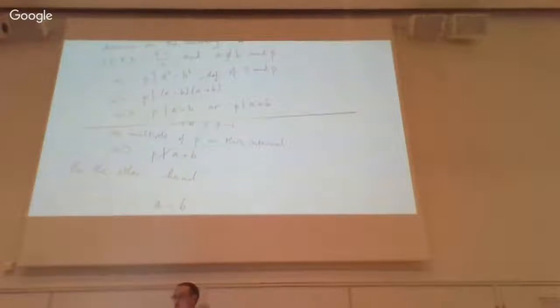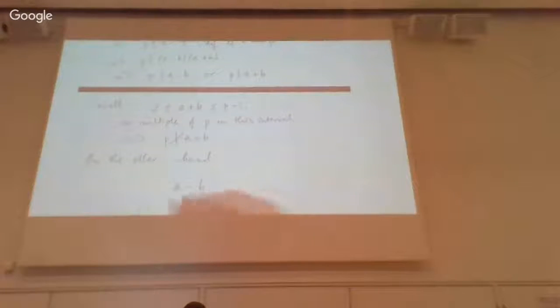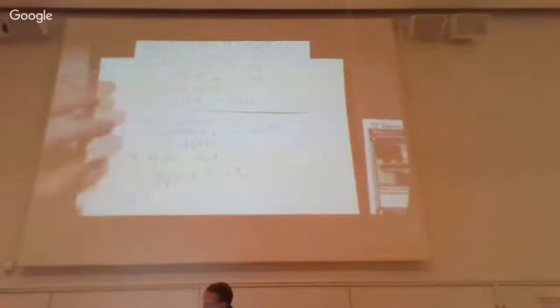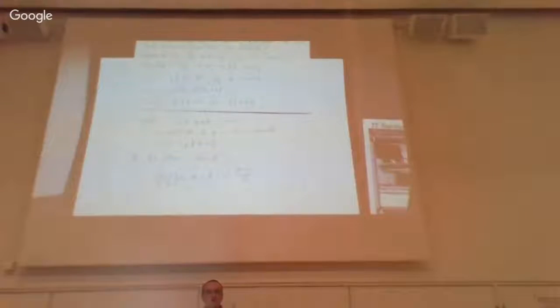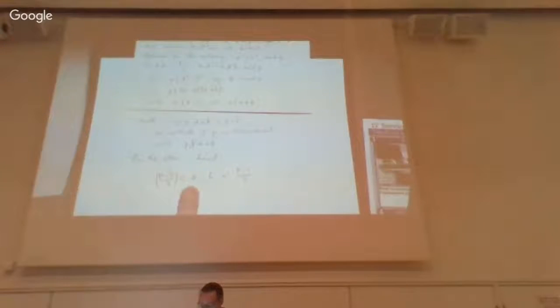I don't know which of a and b is bigger, so a minus b is greater than minus (p minus 1) over 2 and less than (p minus 1) over 2. Since a and b started off between 1 and (p minus 1) over 2, the furthest apart they can be is with a at one end and b at the other end. Whatever that distance is, it's strictly between these two bounds.